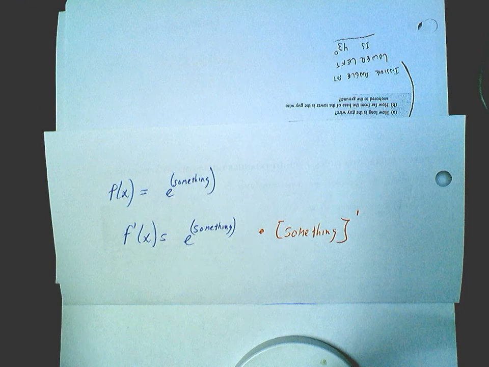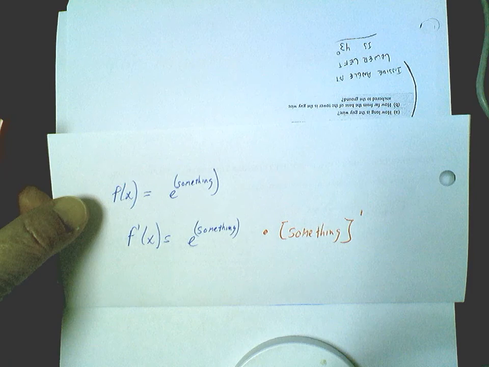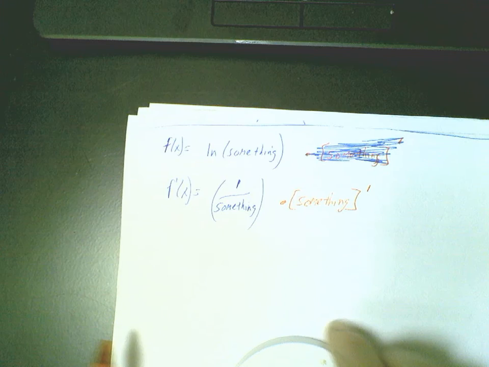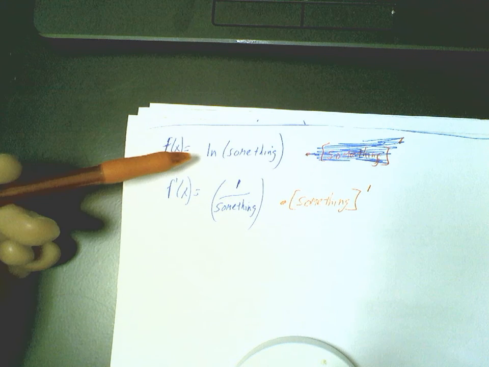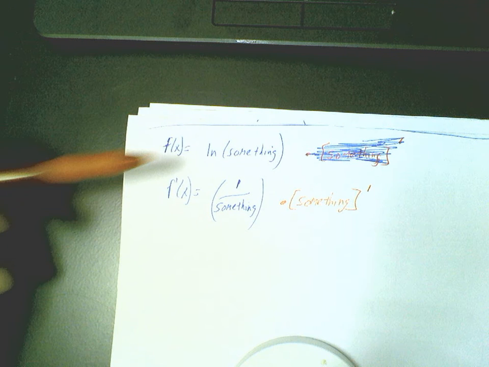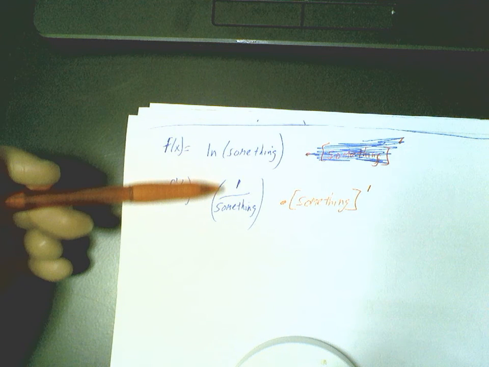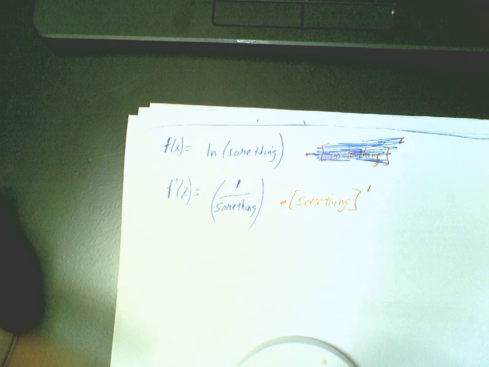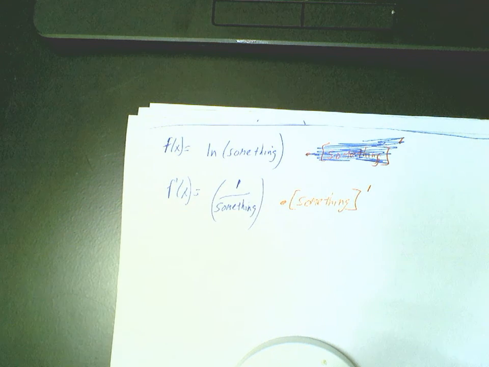Last one, the ln of something. What's the derivative of that function? Remember, the derivative of the ln of x is 1 over x. Instead of 1 over x, I have 1 over something. It's whatever I was taking the ln of, multiplied by the derivative of something, something prime.